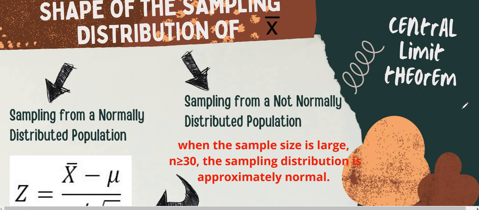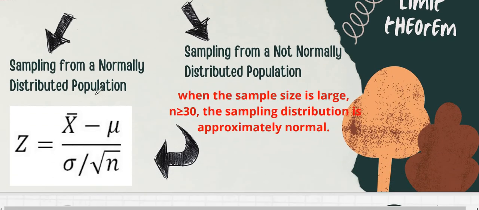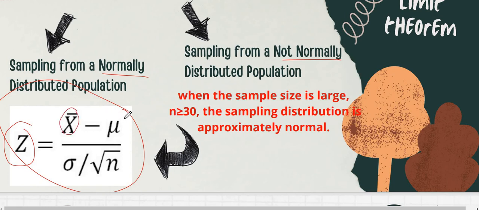For chapter 5 also, we have this type of distribution, which is normal and not normal. For the normal distribution, we use this formula to change your x to get your z value. We need to refer to the same table that we use in chapter 4, the standard normal table. So x bar here represents your sample mean, mu represents the mean of population, and sigma is the standard deviation for population.